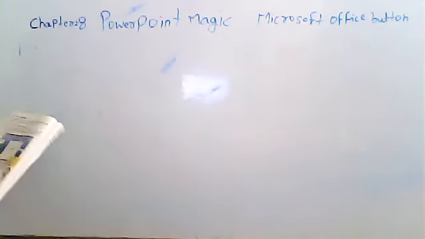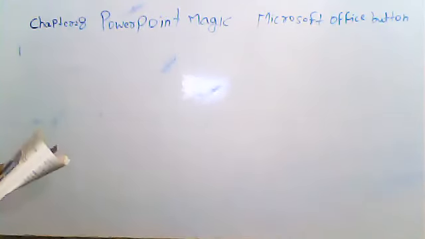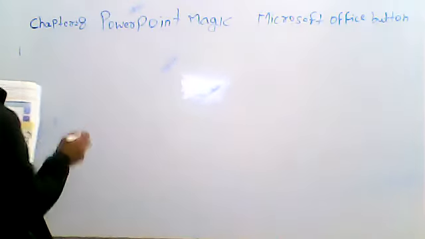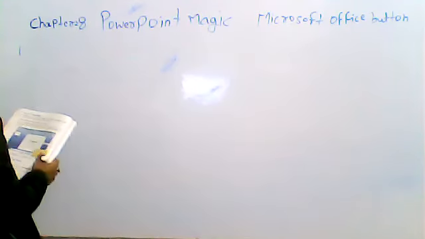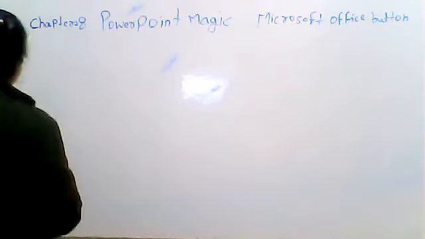Typing text in the placeholder on the slide. We can see two placeholders. How many placeholders do we see? In the presentation, we can see two placeholders in the slide.